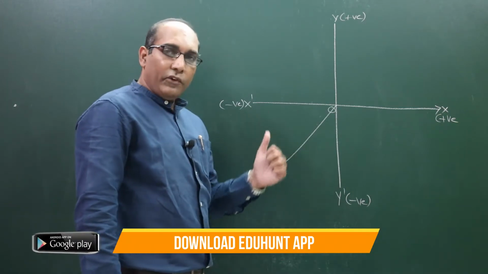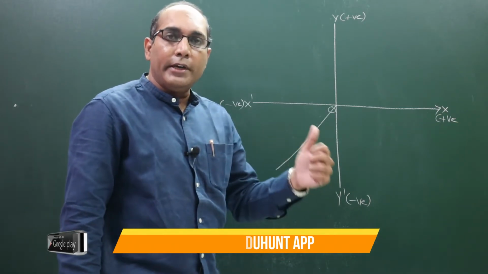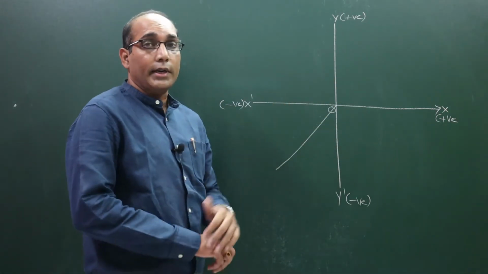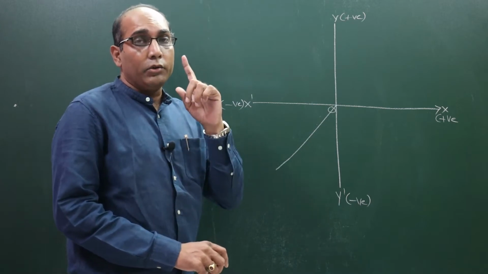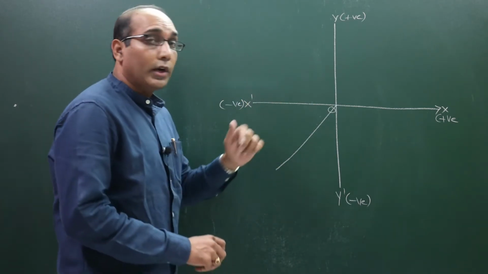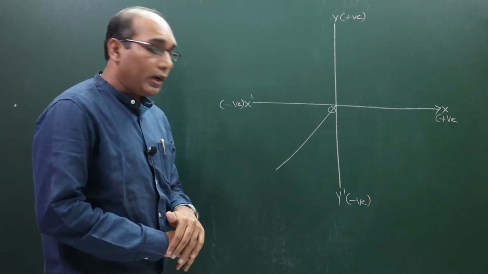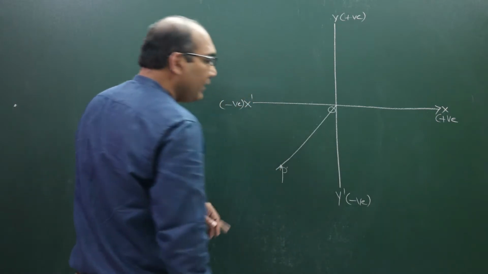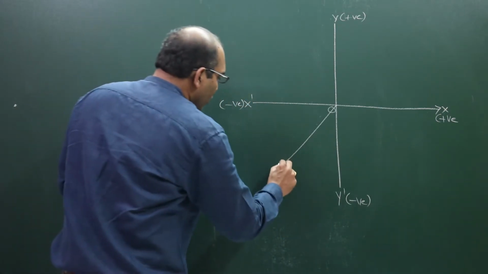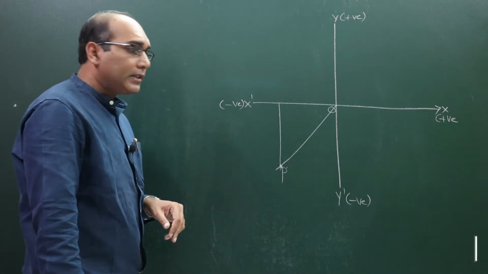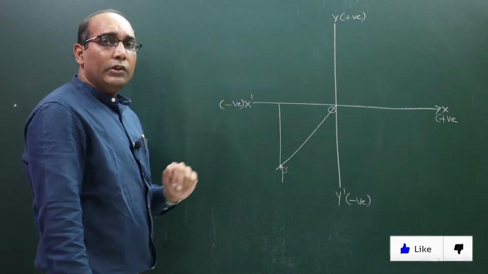Now, how to define the trigonometric ratios when the terminal side lies in the third quadrant? First of all, we have to form a right angle triangle in the third quadrant. Let us consider a point P and draw the perpendicular to the x-axis, here the negative x-axis.